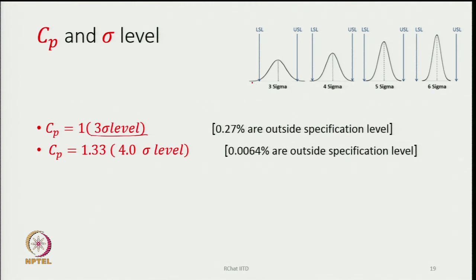If this is the process variability, then the lower specification limit and upper specification limit are lying at these 2 points, and the distance between these two in terms of sigma scale is exactly 6 sigma.